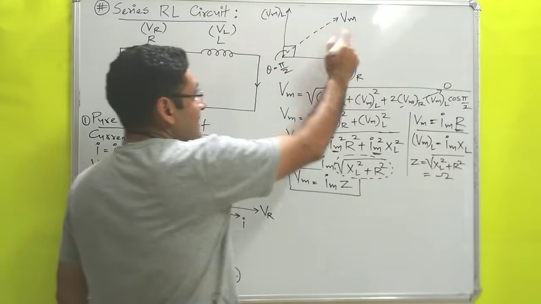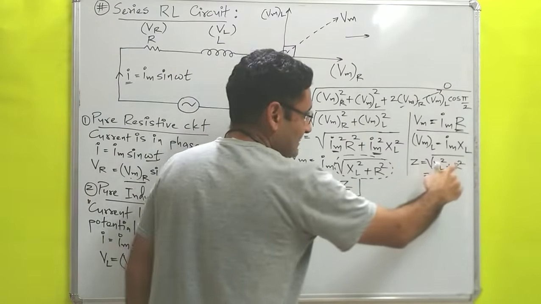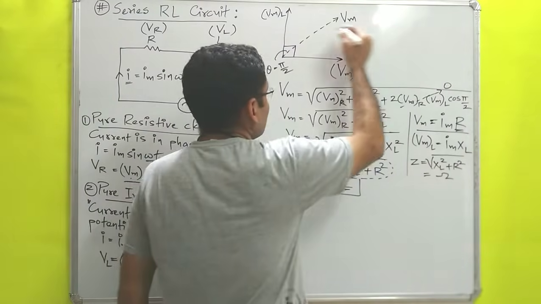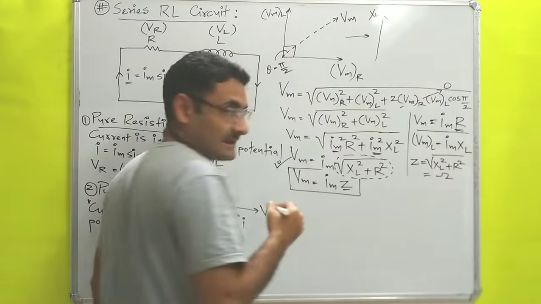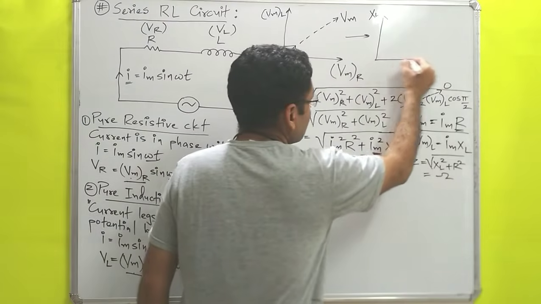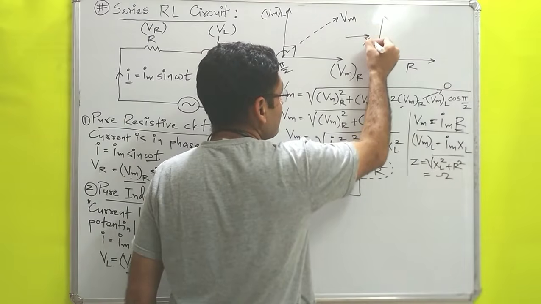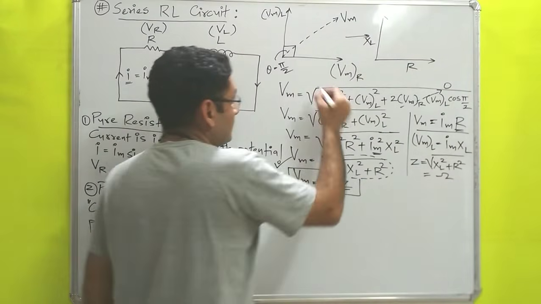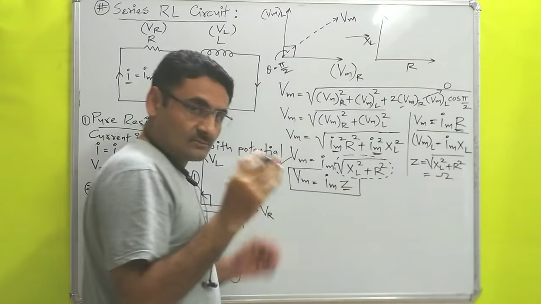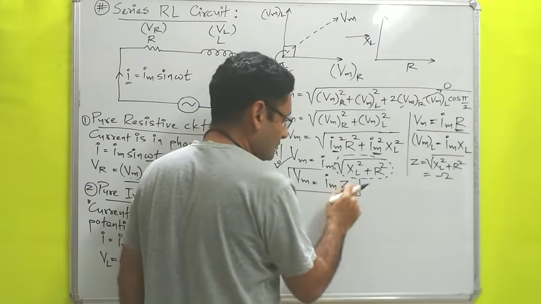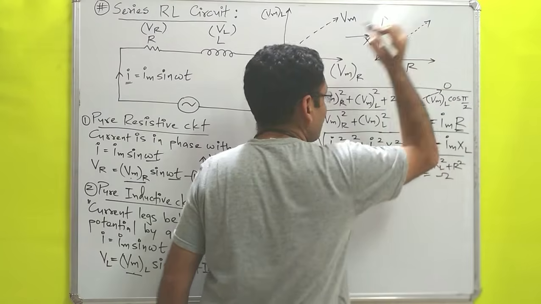Now from this diagram we can draw one more diagram, because we want the value of Z, which is the square root of XL square plus R square. Over here, for the inductor, I will place the inductive resistance, and the resistance R. From that we have to find the resultant total resistance, which is known as impedance, at an angle of say phi.